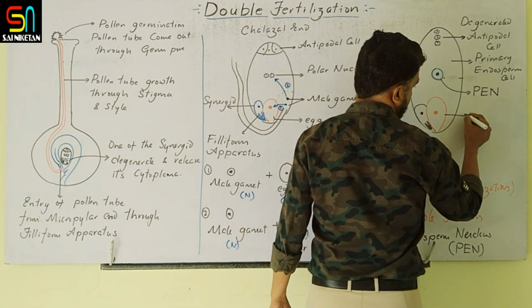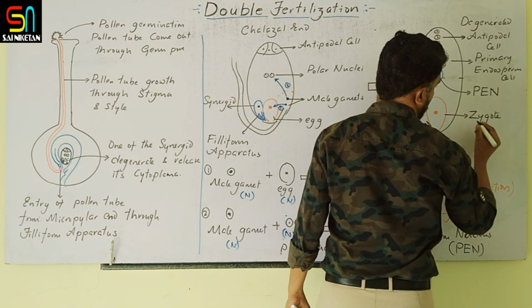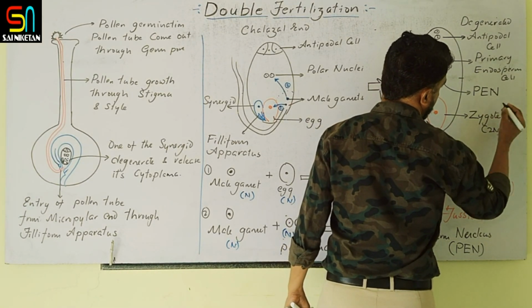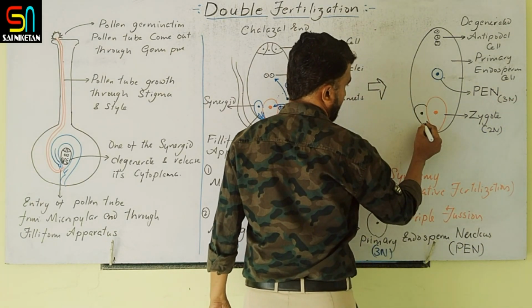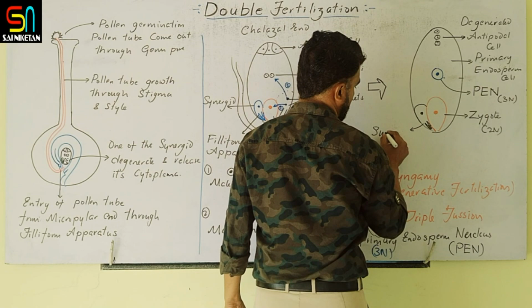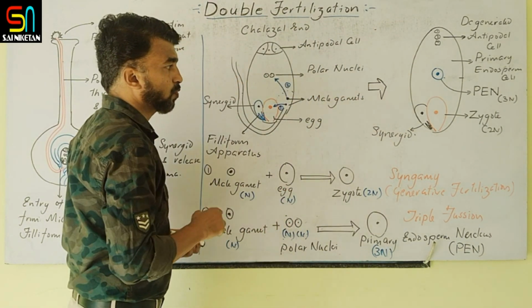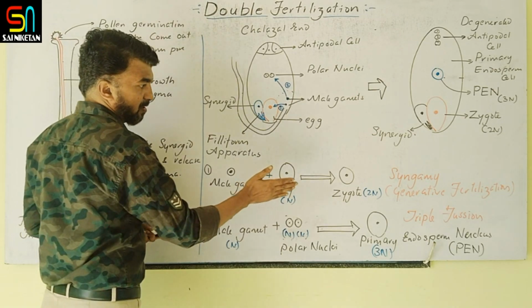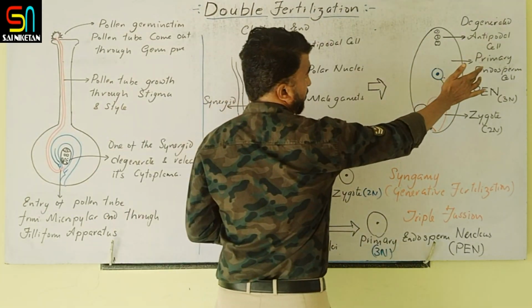And this is the zygote, which is diploid in nature. The primary endosperm nucleus is triploid in nature, and this is the synergid. So what is the fate of this zygote and the primary endosperm cell?